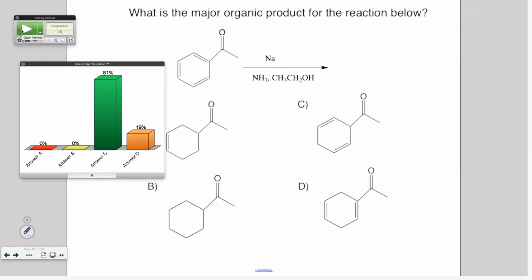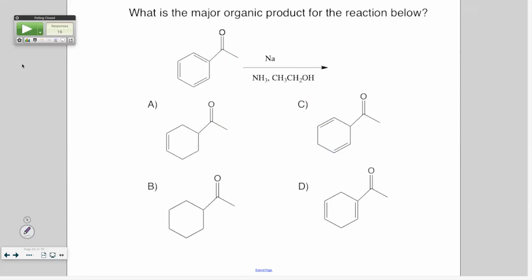All right, so what can you tell me about the group that's on the benzene ring? What kind of group is it? It's an electron withdrawing group, right? So that means the hydrogens are going to want to go to here and here.